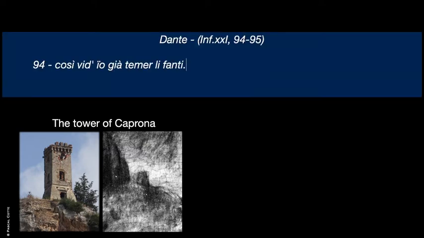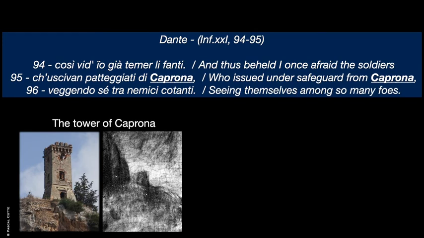In 1433, the Florentines would have dismantled the fortress, but the tower of Caprona was preserved, as evidenced by Leonardo's drawing of this tower in his landscape of the mountain of Pisa in 1503, which we will see next.